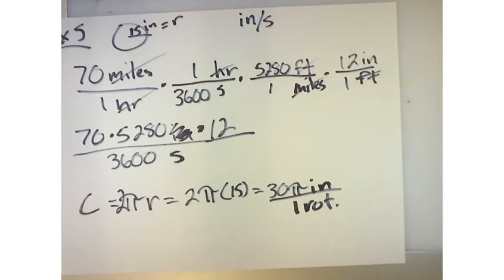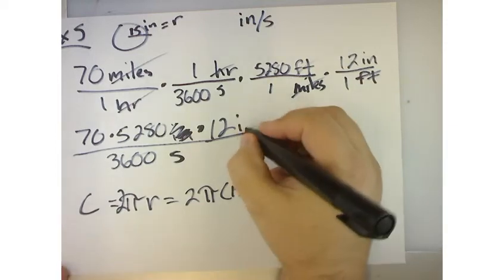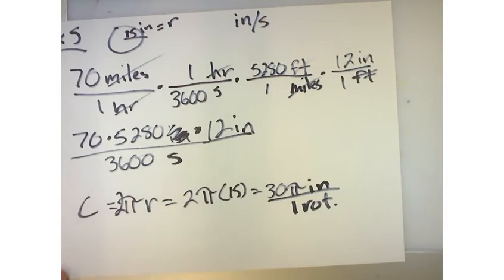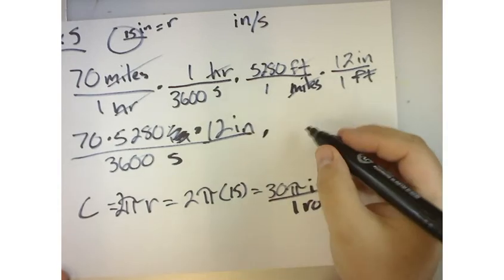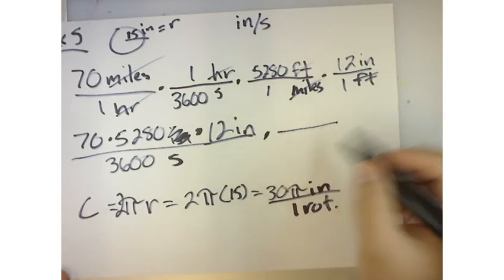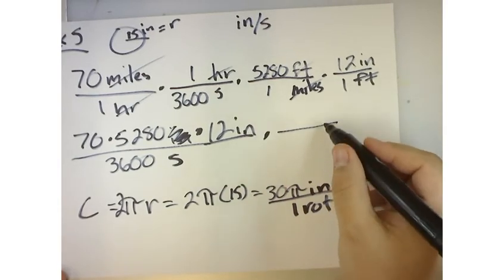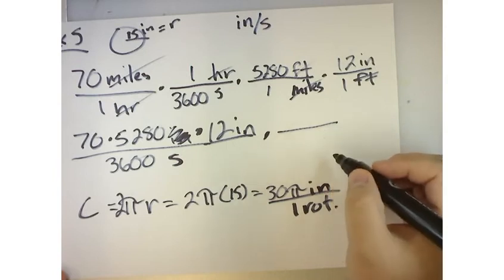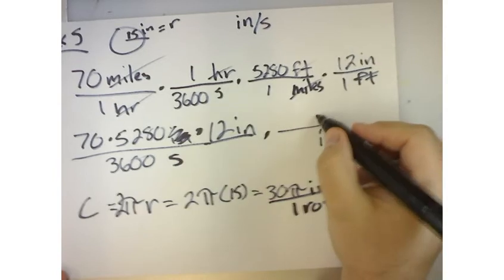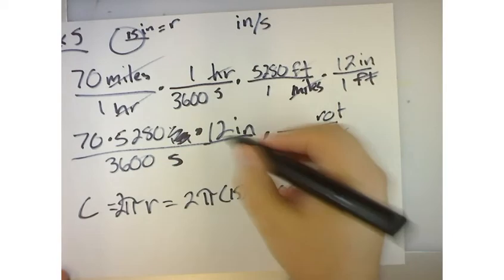So really what I want to know is how many rotations per second. So how do I write that in there? Well, this is inches and this is seconds. So I need to do rotations per second. So what goes on bottom? Rotations or inches? Inches. And then I have rotations per second, right? After the inches cancel.